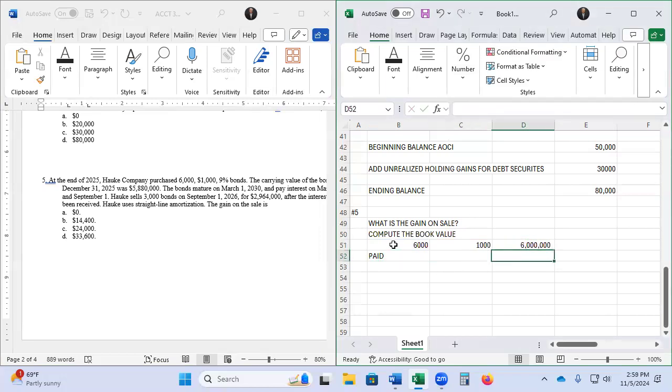But we paid, or at least we have, 5,880,000. So our discount as of 12/31/25 is 120,000.